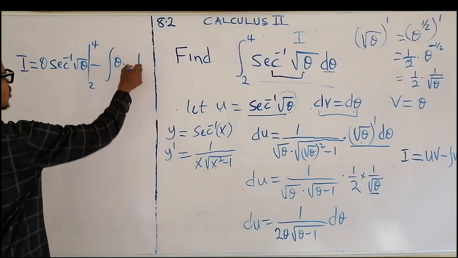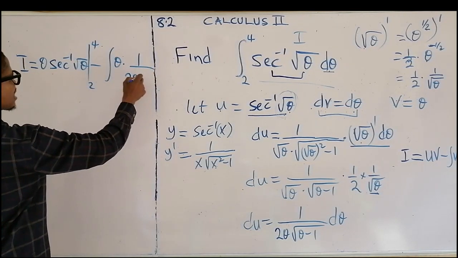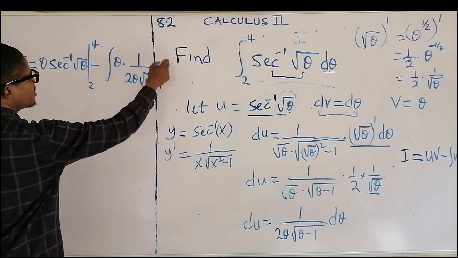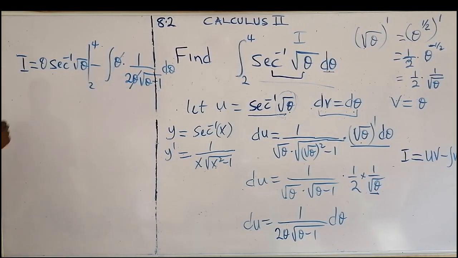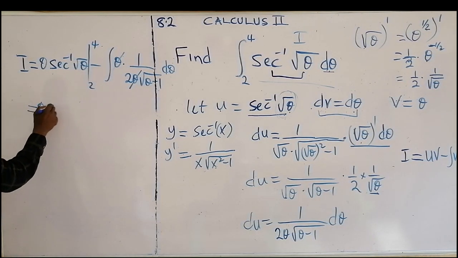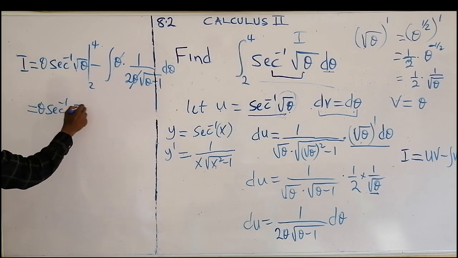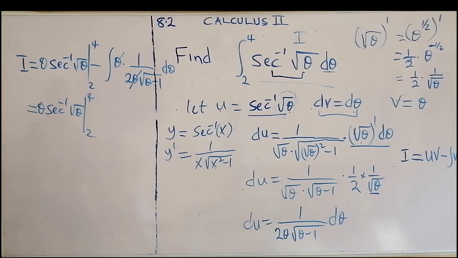Du is 1 over 2 theta times the square root of theta minus 1, d theta. So this one and this one cancel. So we now have theta arcsec of this function, indicating the upper and lower boundaries.